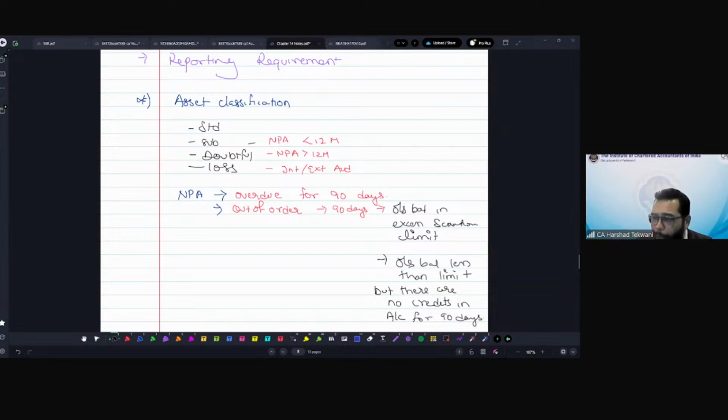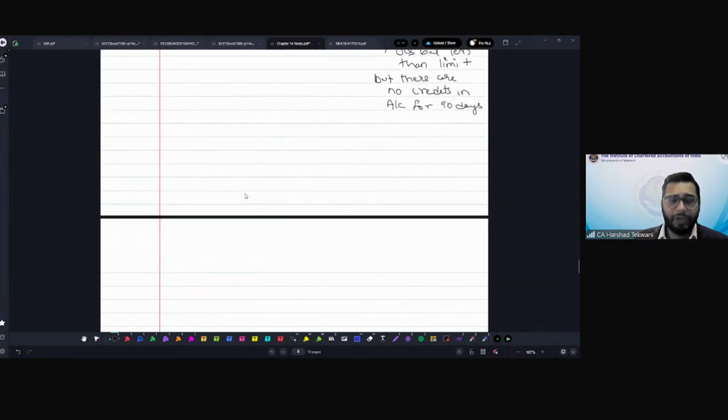Now, there is one more important aspect that I want to discuss when it comes to the bank audit. And that is with respect to classification of the asset based on borrower. Now, what happens is there are scenarios where you have multiple advances or assets to a particular borrower.